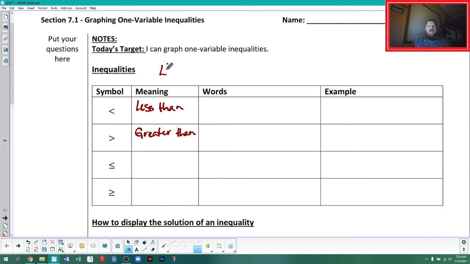So maybe I know that 4 is smaller than 6, so I can write that and put the symbol that goes there. And where the words for these symbols come from is having to read it as a sentence. A sentence like 4 is less than 6 is true, and that helps us understand why that symbol is called less than.